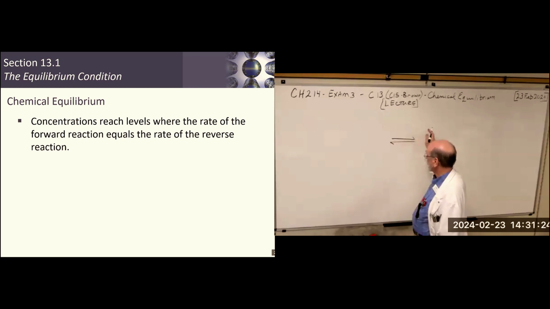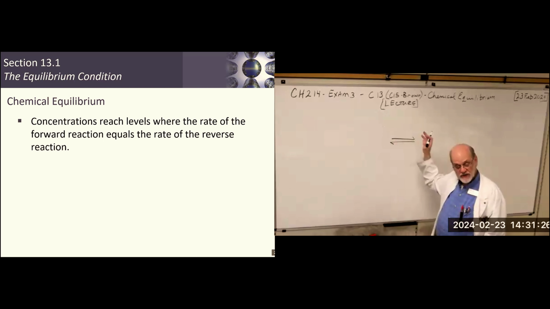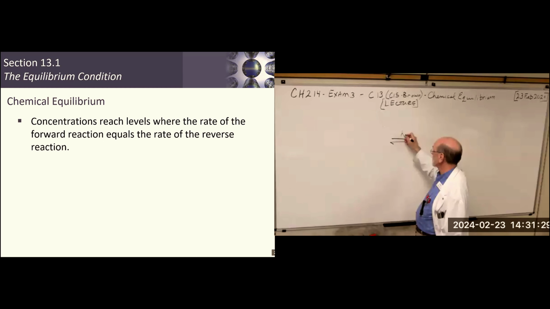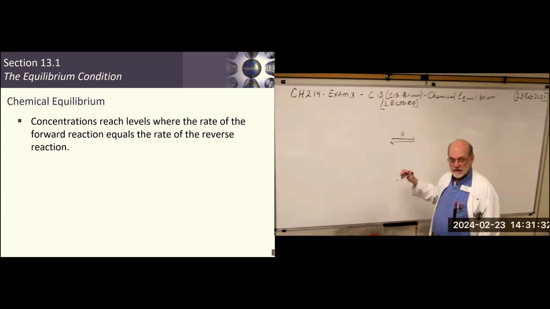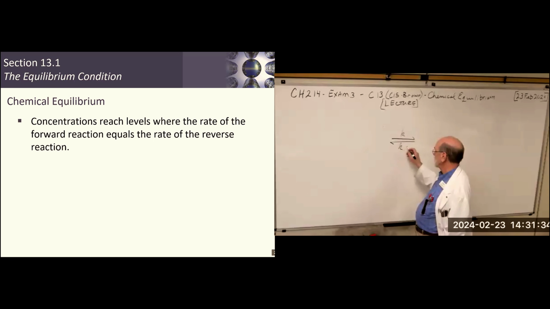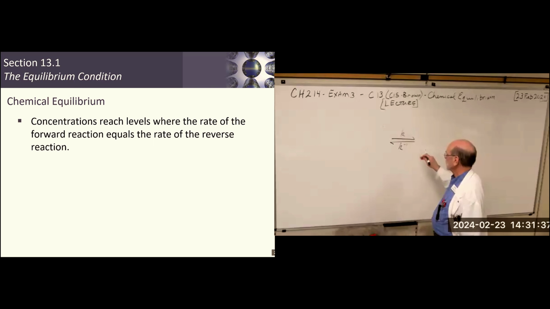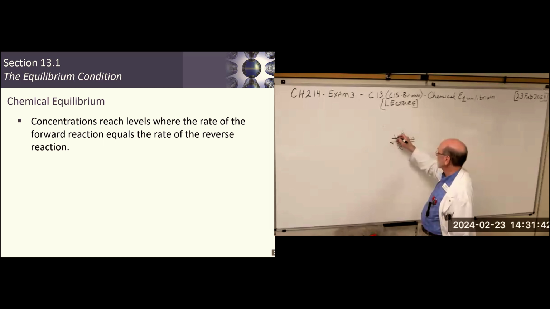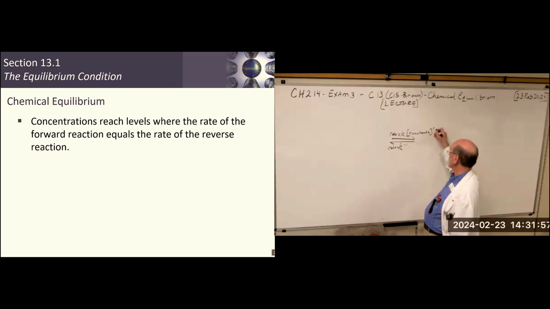You'll have a forward reaction here based upon kinetics. We'll have a rate constant for the forward reaction, then another rate constant for the reverse reaction. But the rate itself, remember how we wrote the rate law? Rate equals k times reactant to some value, some order.